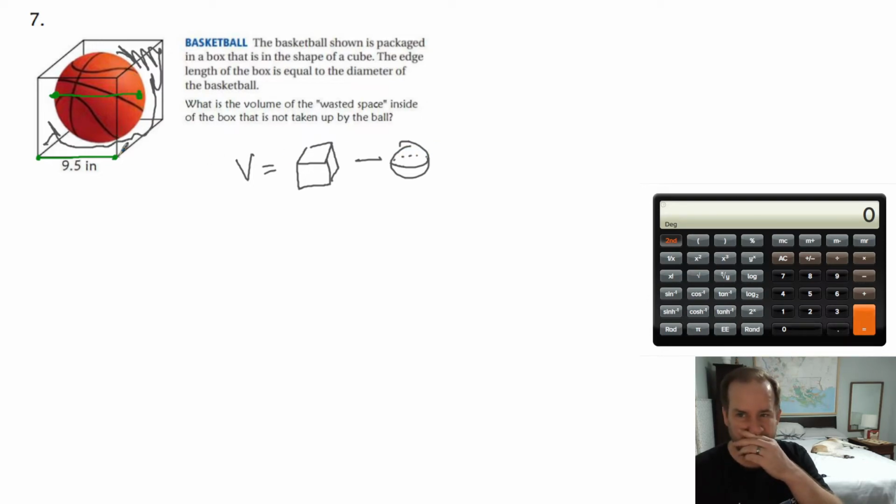And that would leave you with all the extra room around the outside. So I hope you remember that to find the volume of this cube would be doing base times height, the dimensions of the base, times the height of the prism. Just a prism. Now for the sphere we got to do 4/3 pi r cubed.